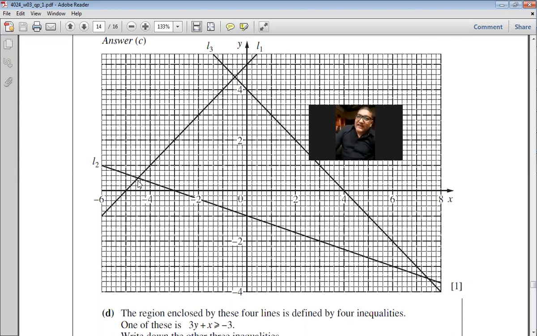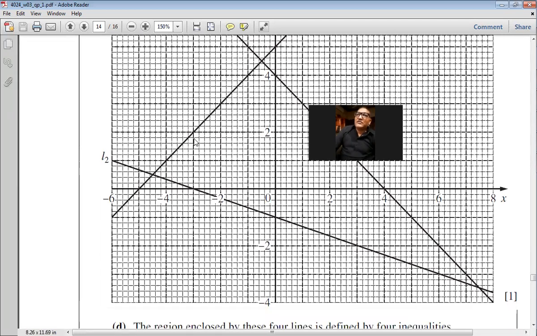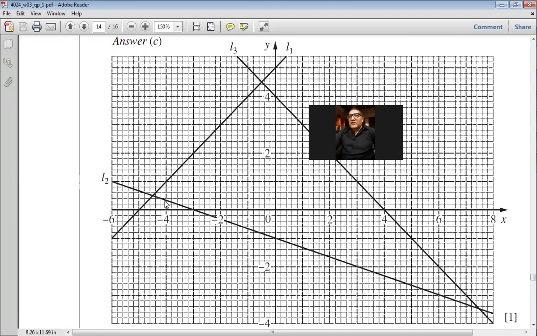So they intersect here. Let me increase the size furthermore, then it becomes easy for you. So line number 1 and line number 2 intersect here. What are the coordinates of this?